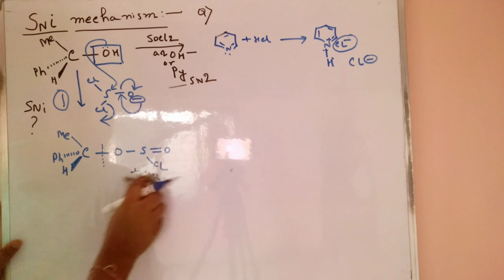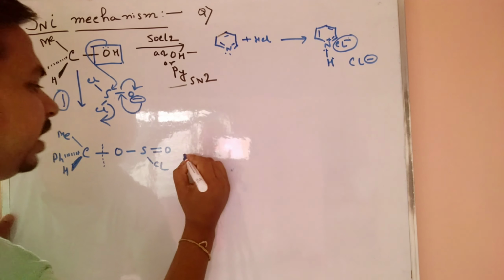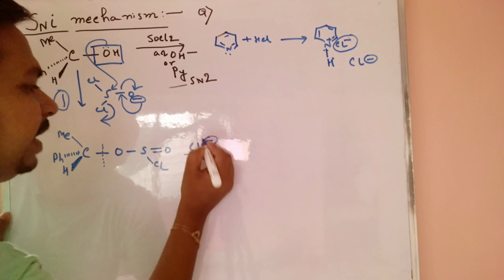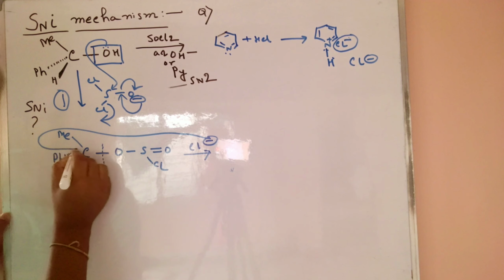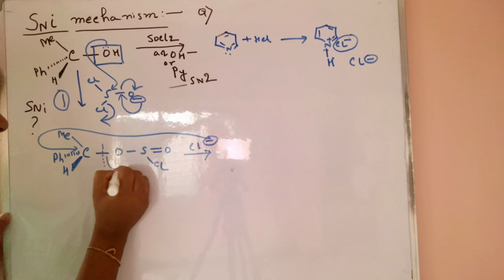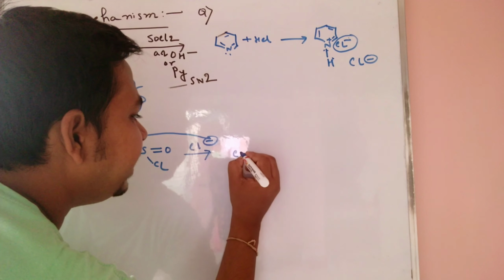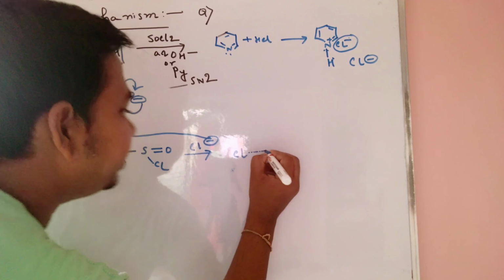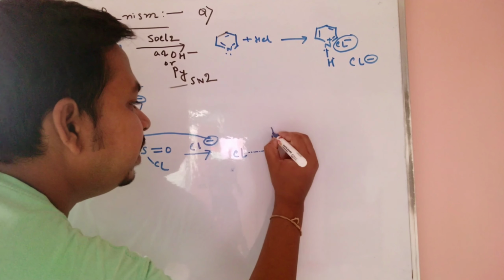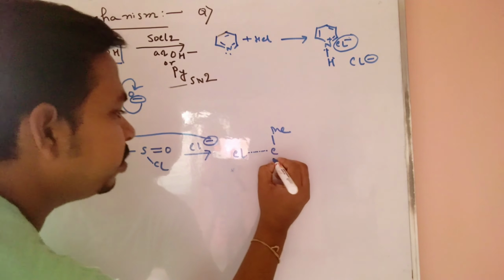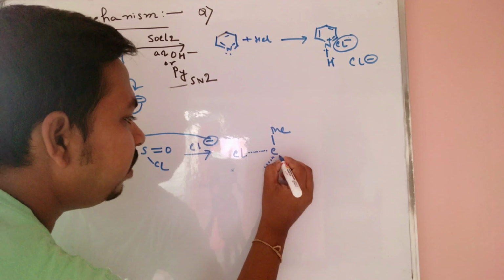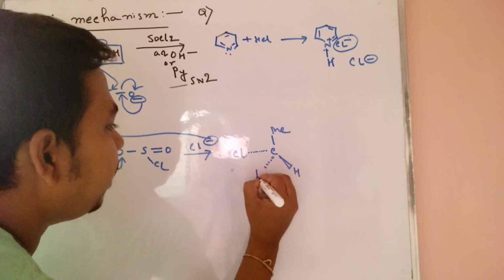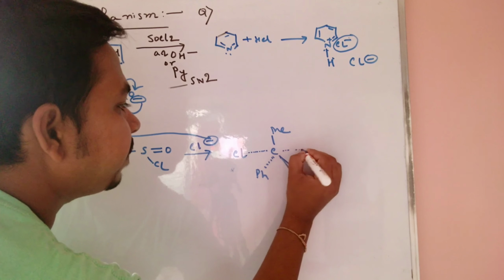Now this HCl is neutralized. So this Cl minus attacks on the back side, and this one is removed. So in this intermediate structure, the reaction goes through this bond down, this bond up.